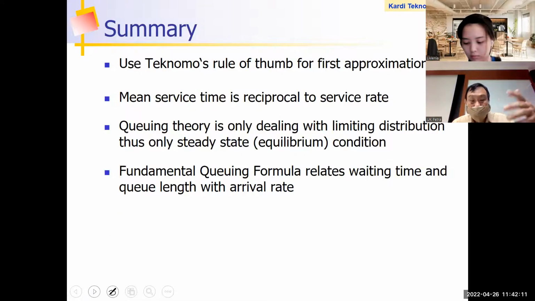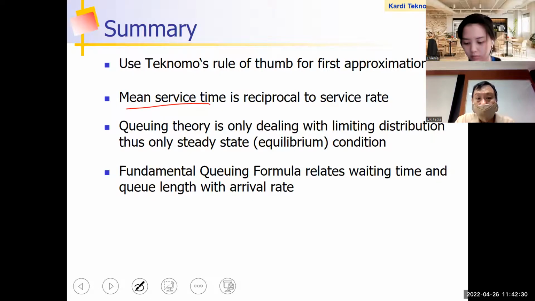Later we can discuss one slide specially about this. This is the summary of the first slide, the basics. You can use that rule of thumb as a first approximation. Remember the service mean time is just the reciprocal of the service rate.